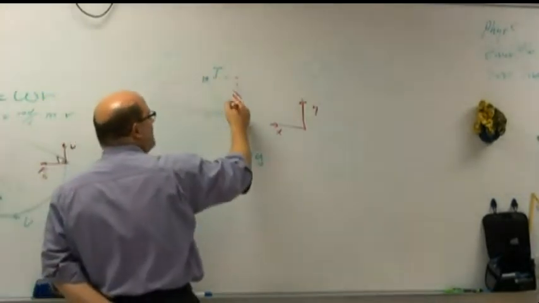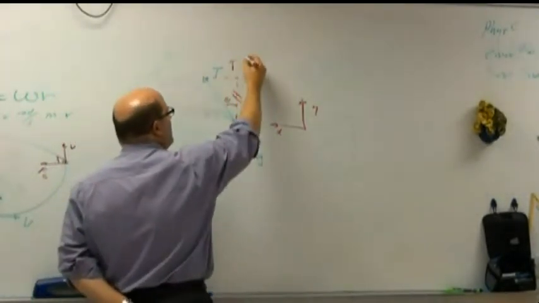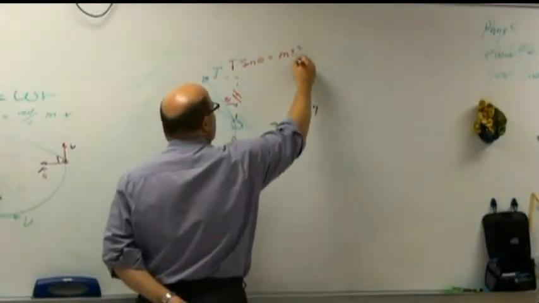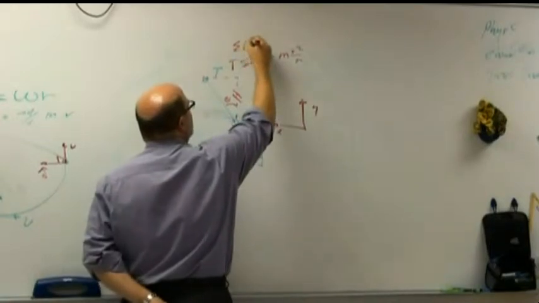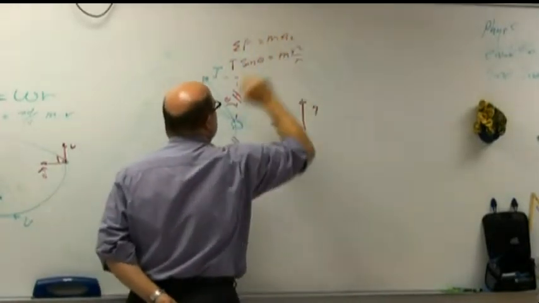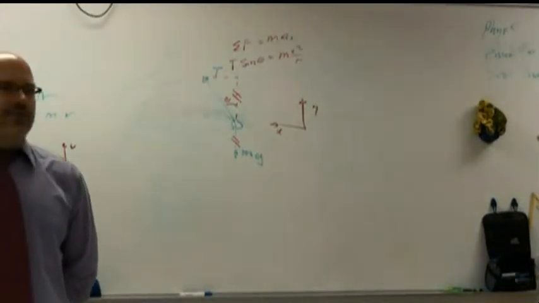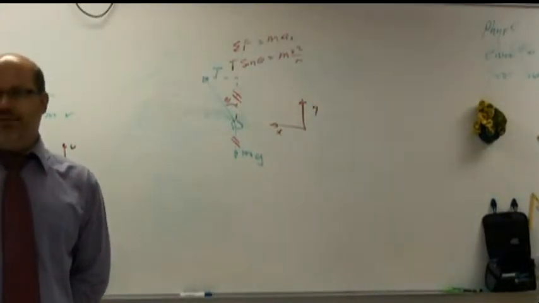That means if this is my angle theta, T sine theta equals mv squared over r, right? That's our F equals ma. And there you go. The banked turn, the NASCAR turn, is the same thing.